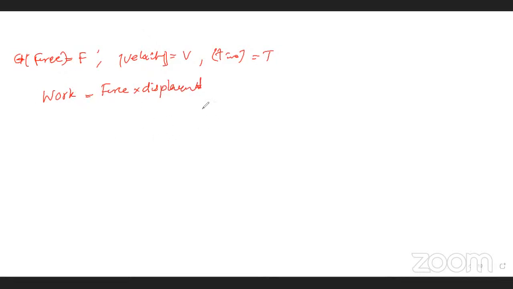And what is velocity? Velocity is the displacement divided by the time. We need to write displacement in terms of velocity and time, because these are the fundamental ones now. So displacement is velocity into time.